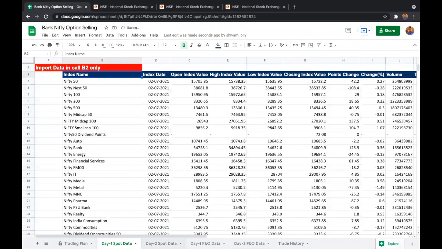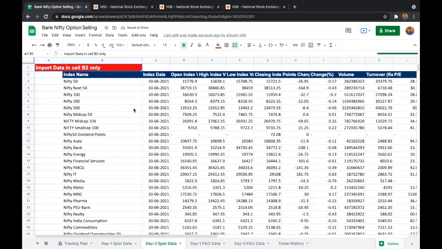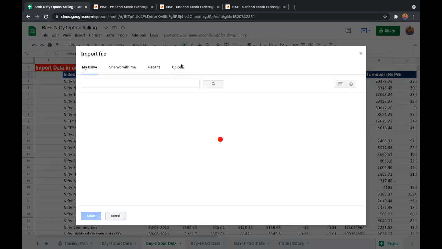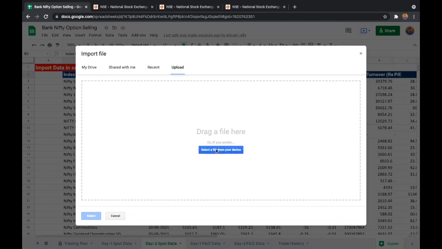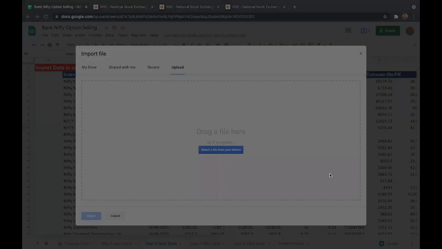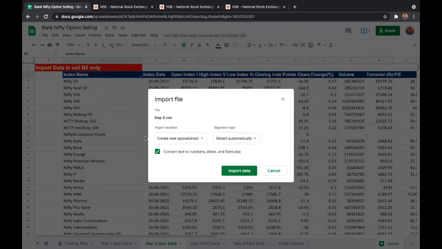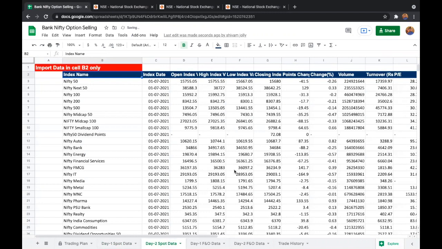Also, we need to import day two spot data, right? So we'll import in cell B2, import it from our system. And the spot data is successfully loaded now.